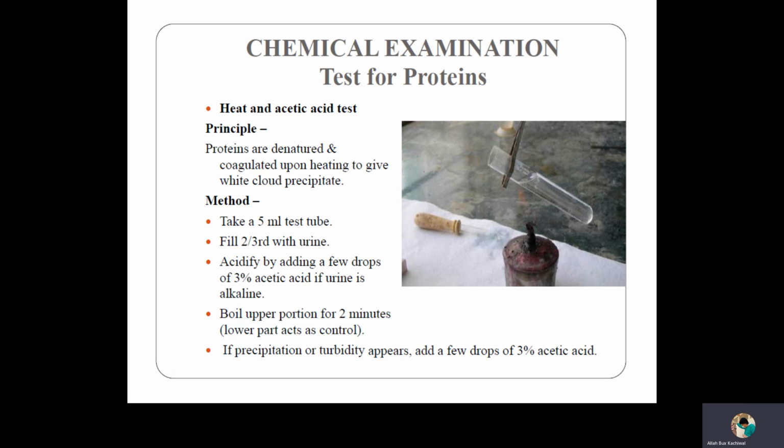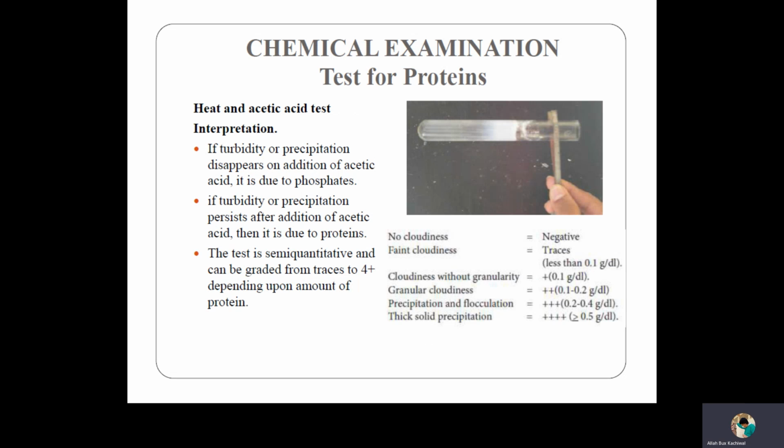The chemical examination test for proteins is the heat and acetic acid test. The principle is that the proteins are denatured and coagulated upon heating to give a white cloud precipitate.